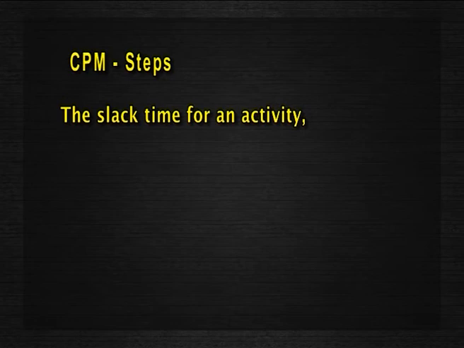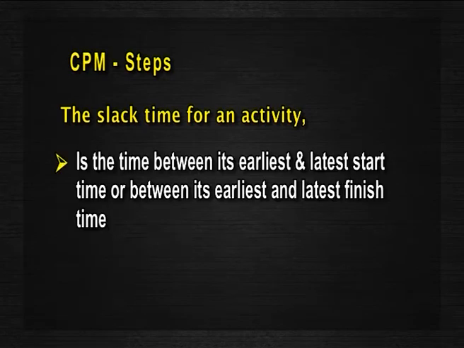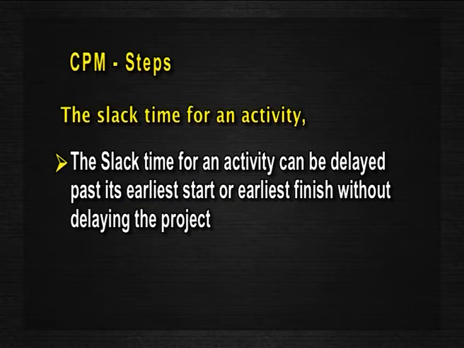The slack time for an activity is the time between its earliest and latest start time, or between its earliest and latest finish time. The slack time for an activity can be delayed past its earliest start or earliest finish without delaying the project.